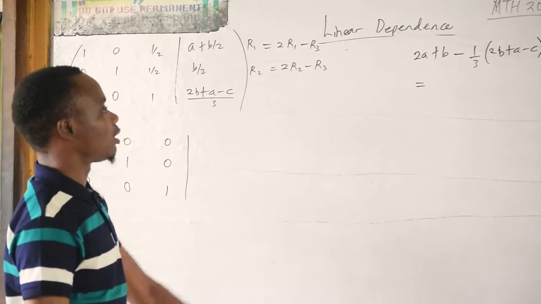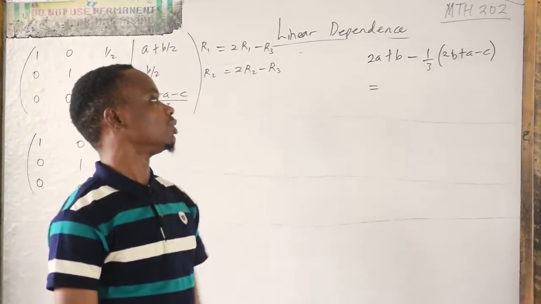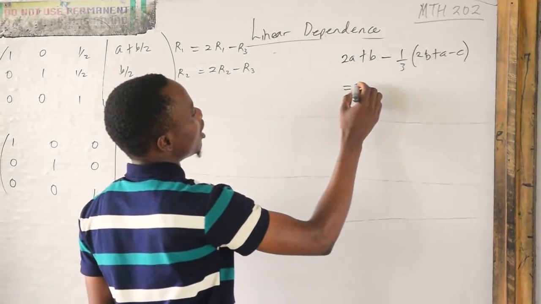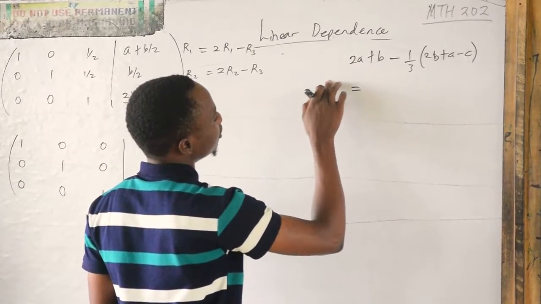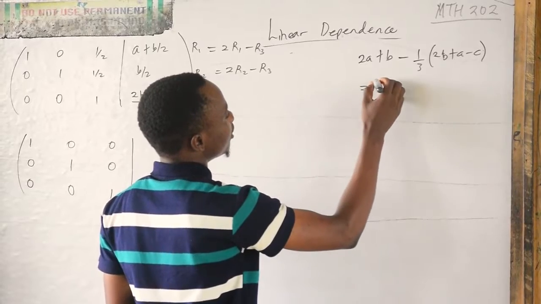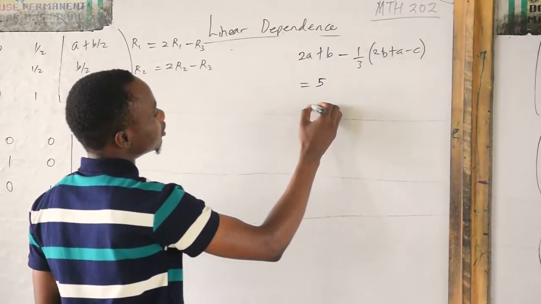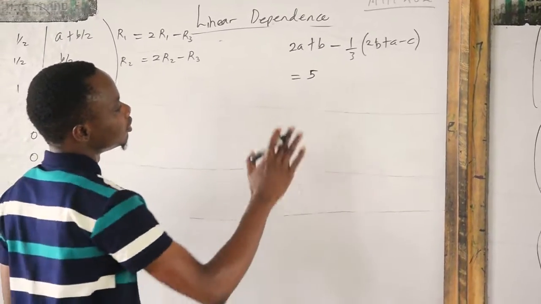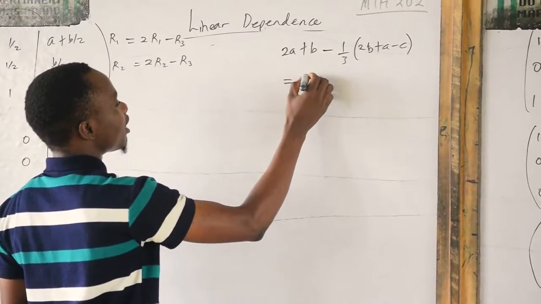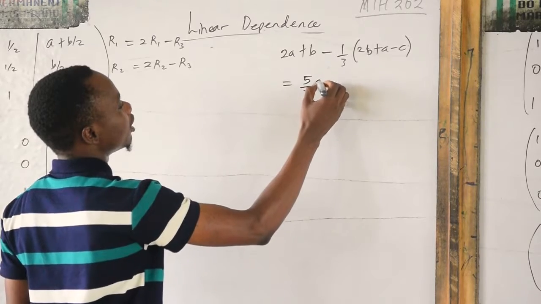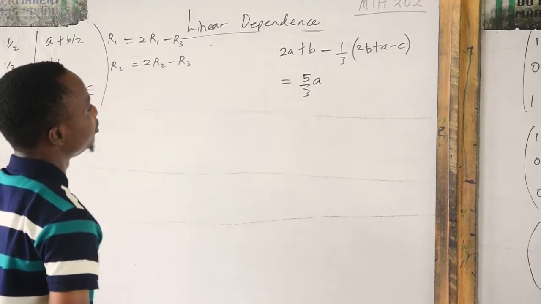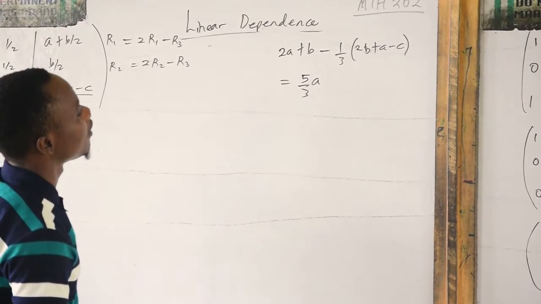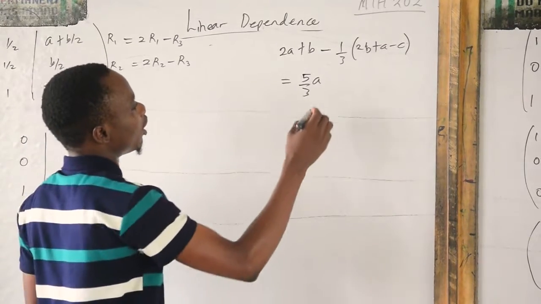The A term, that will be 2 minus 1 over 3. 2 minus 1 over 3 is what? That's 5 over 3. Okay. Alright. Then we're going to have B minus 2 over 3. So what's 1 minus 2 over 3? 1 over 3.